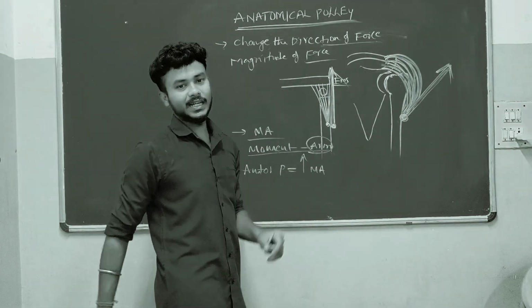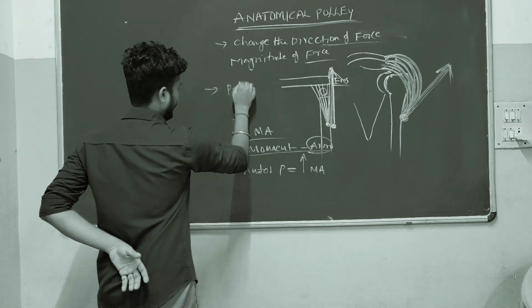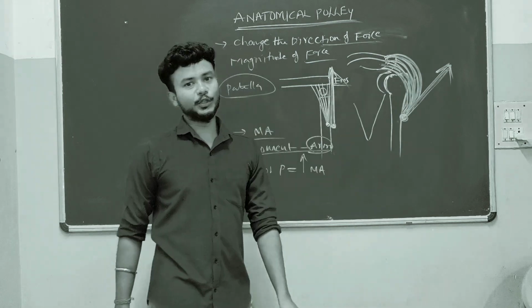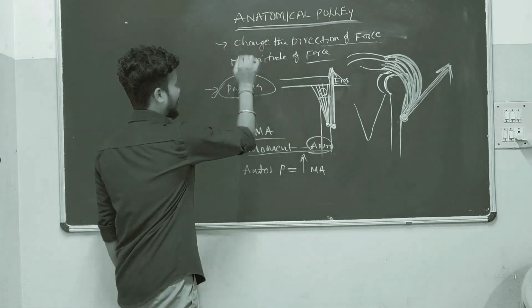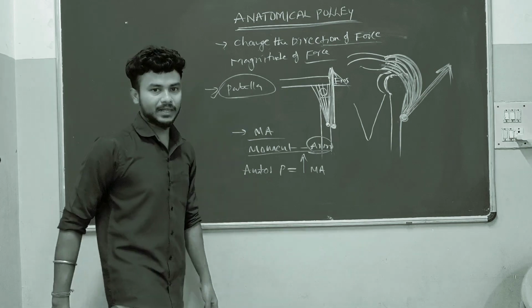So here the deltoid muscle is one example, the head of the humerus is one example, and one more example for the anatomical pulley is the patella. We will see moment arm. Okay.